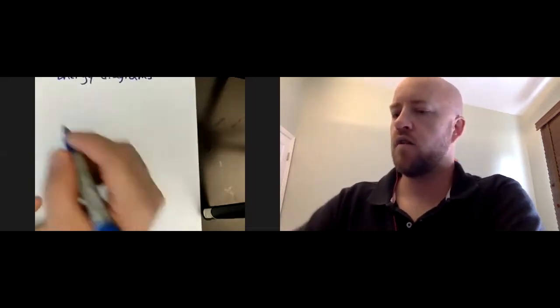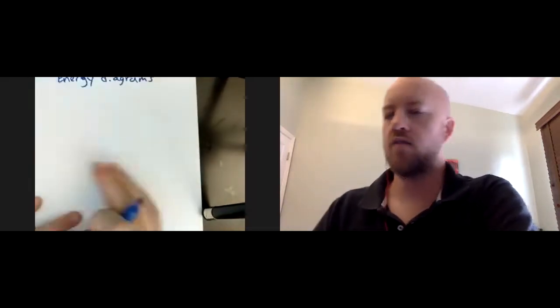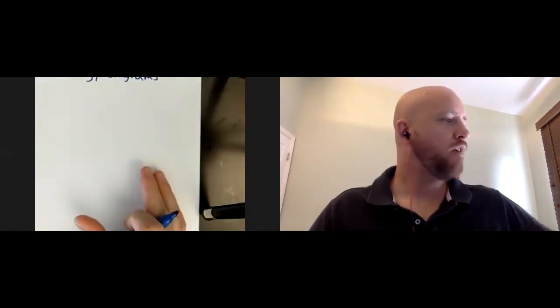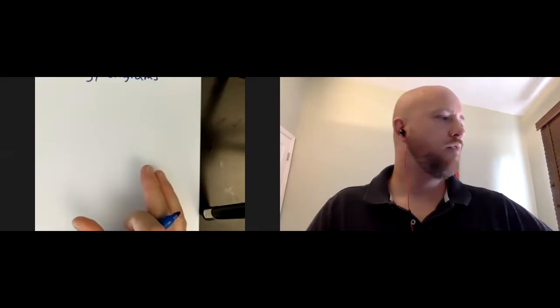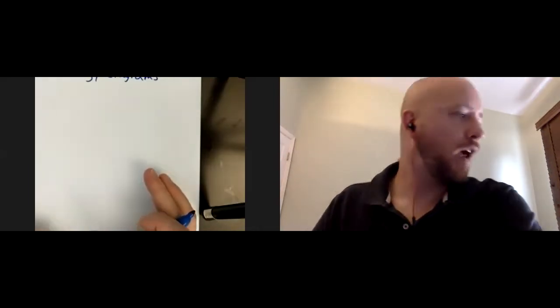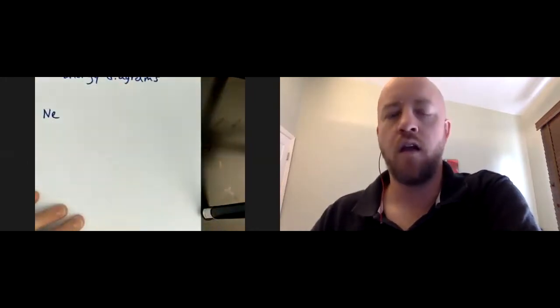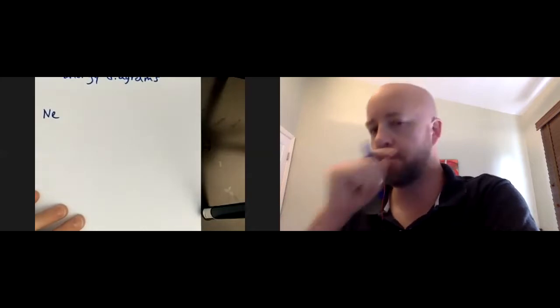Usually there are two different ways that these are depicted. The first being if we are given an element. Let's say neon, right? And we want to know what is its energy diagram that goes with it.